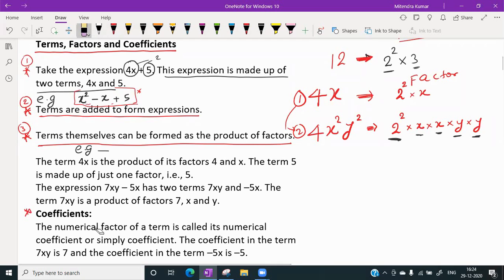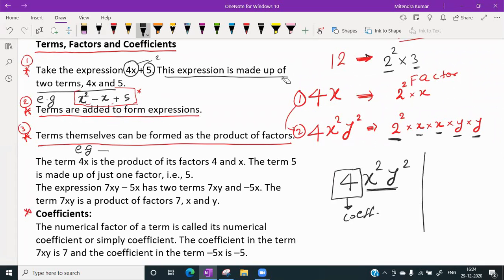ओके, सो कल भी बताया था, जिन लोगों ने कल का लेक्चर अटेंड किया था ना, कि जो भी नोमेरिकल वैल्यू, सपोज ये एक फैक्टर है और ये एक टर्म है, whatever numerical value is multiplied with this is called coefficient.